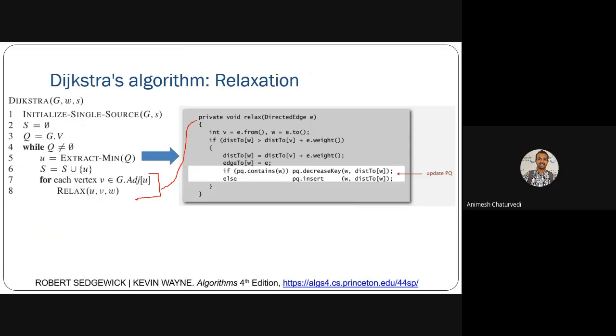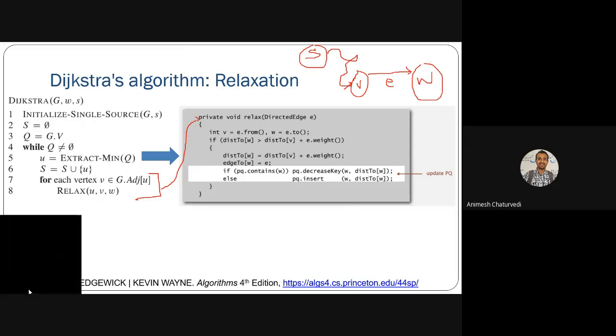So for each edge from v to w, some edge was there, and some source is there, and there was some path to reach v.